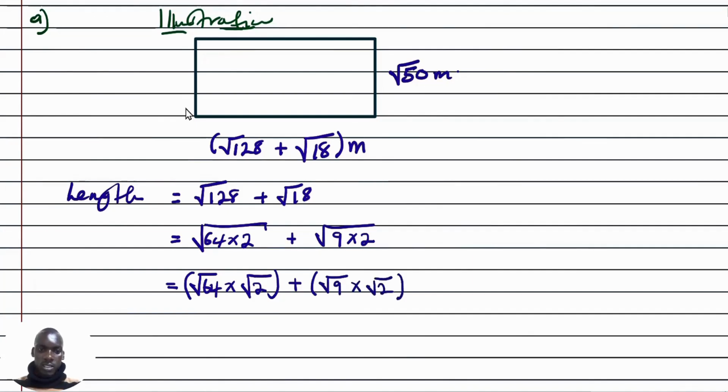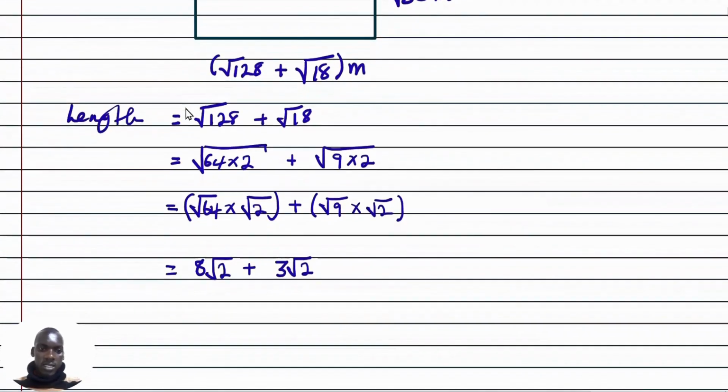The square root of 64 is simply 8, you can press the calculator, so it gives 8 multiplied by the square root of 2, which is 8 root 2, plus the square root of 9 is 3, multiplied by the square root of 2, to give 3 root 2. We can see that these are like surds, implying that we can add them together.